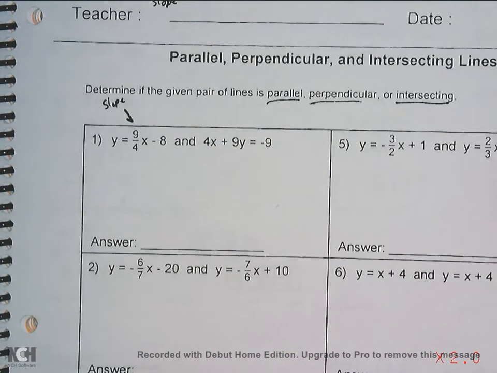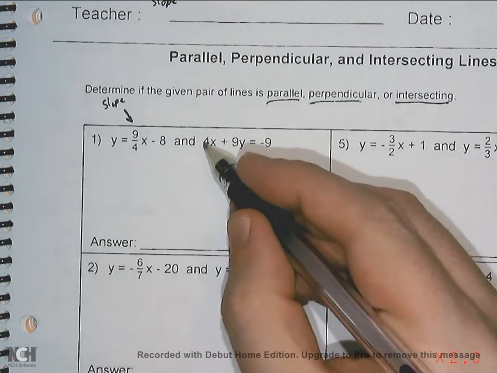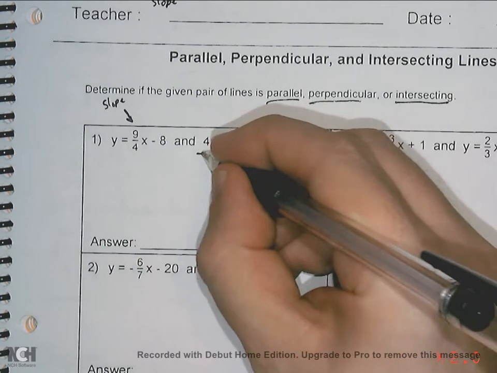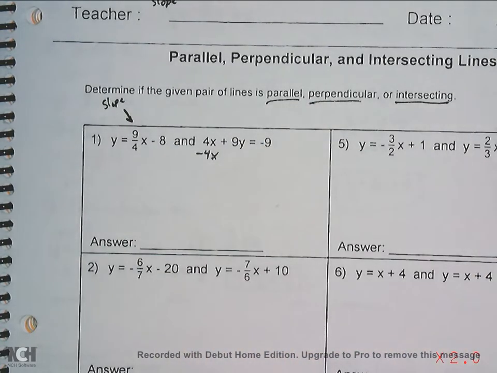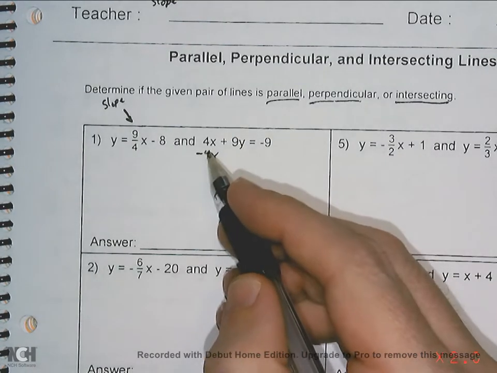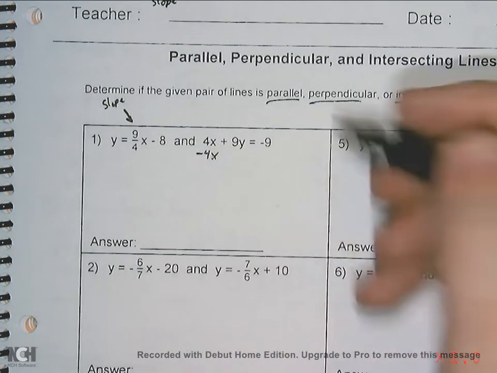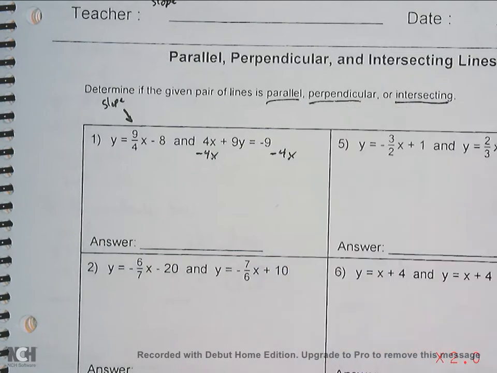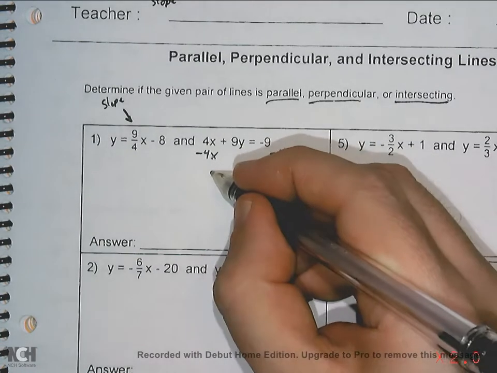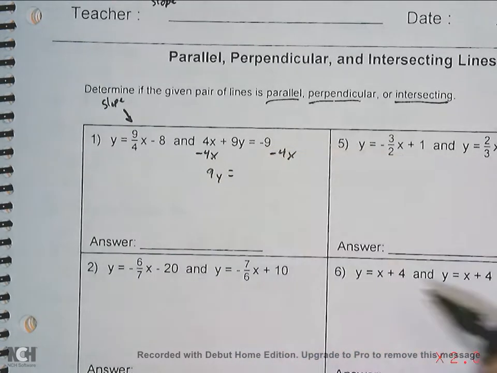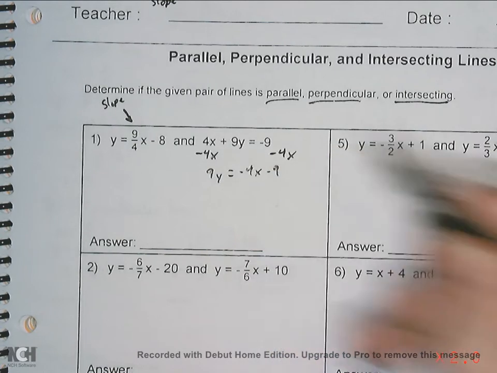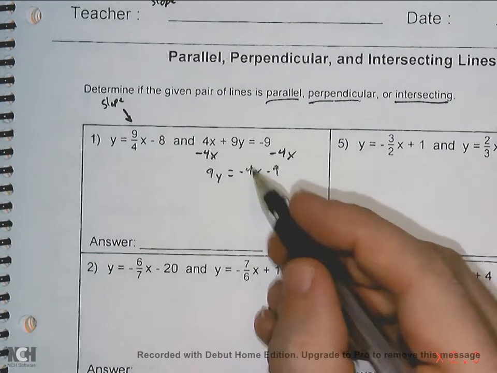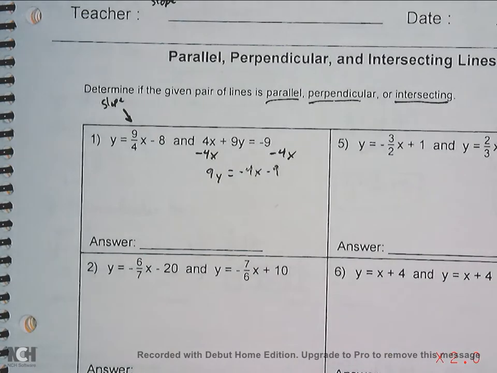So our first step is to move that 4x. Since it is positive, I would subtract. If I ever want to move an entire term, it's just a question of adding or subtracting. We would only divide if we're trying to separate that from the variable. But if we want to move the entire term, we would subtract it from each side. That would give me 9y is equal to negative 4x minus 9. I'm moving the negative 4x in front just to keep it in the form that you guys are familiar with.